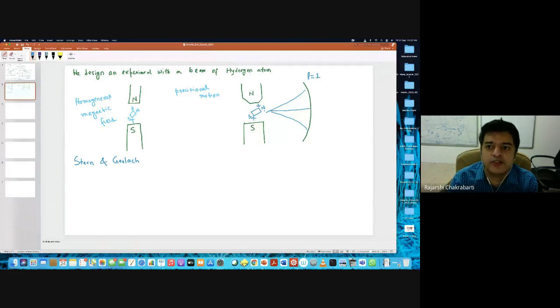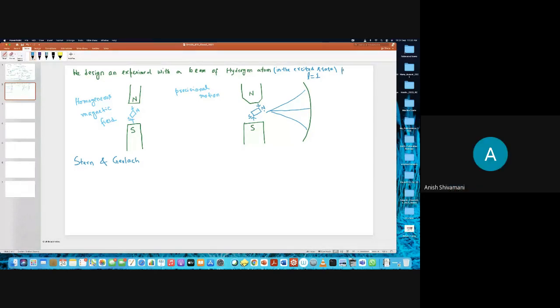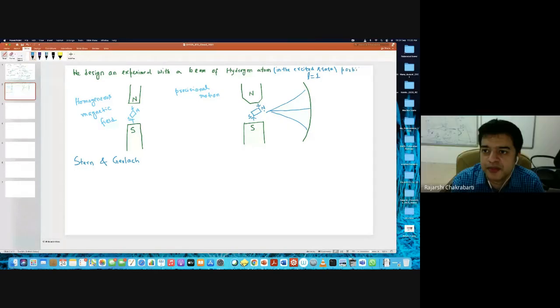Sorry, this L equal to 1 means the hydrogen atom in the excited state. One thing I forgot to tell you. So it is in the p orbital.